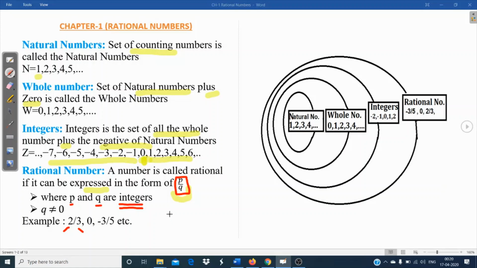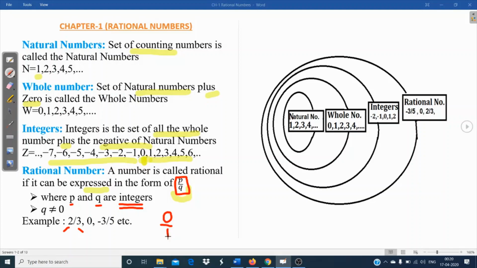One more example, 0. Now students, you tell me, is 0 a rational number? Think and say. Yes, 0 will be a rational number. Why? Because 0 can be expressed in the form of p upon q. Here p, our numerator, is an integer, and the denominator is also an integer.